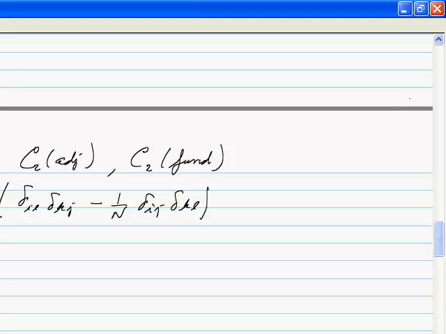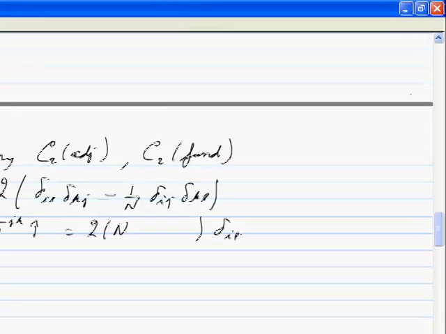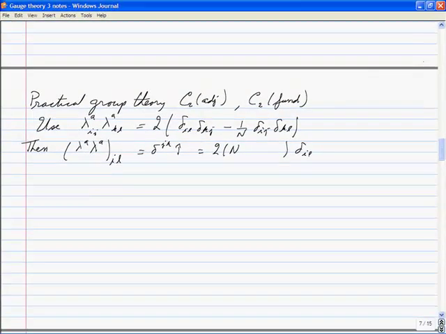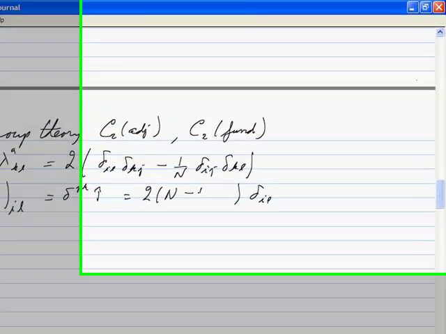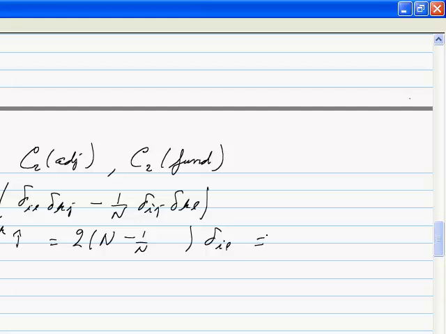So I do delta jk on that identity. And the first term then I get is 2 times n times delta il. And the second term I get 1 over n delta il minus 1 over n delta il, which you more often see this written as 2 over n squared minus 1.